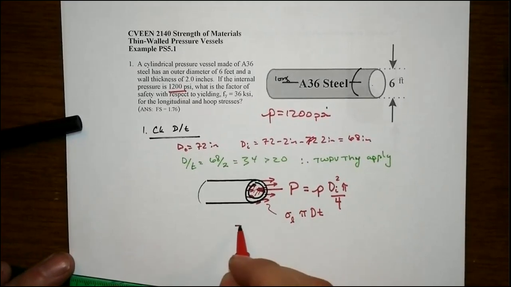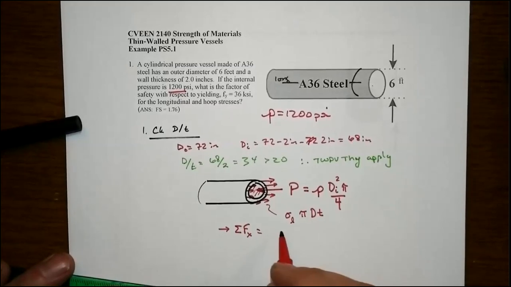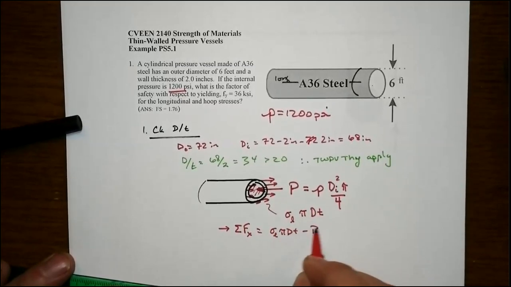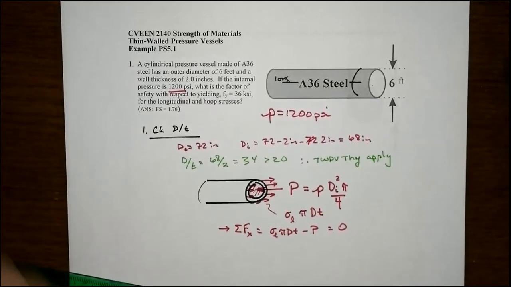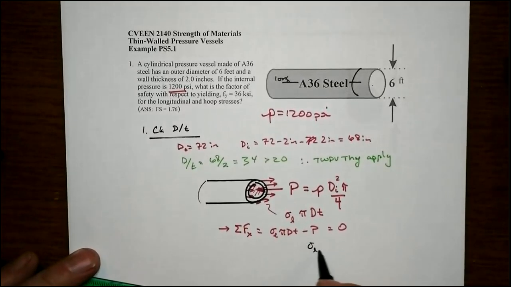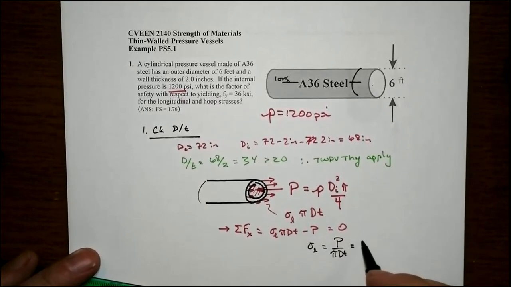But first, we'll just do a sum of forces. Let's do it in the long direction, taking to the right positive. And so we would have sigma L pi dt minus the capital P, set equal to 0. And then we'll have sigma L equals that capital P over pi dt, and then we'll substitute in for capital P our pressure times our inner diameter squared times pi over 4, over pi dt.